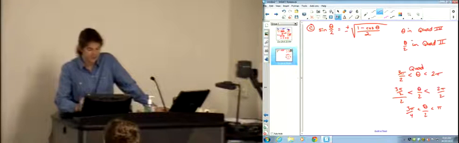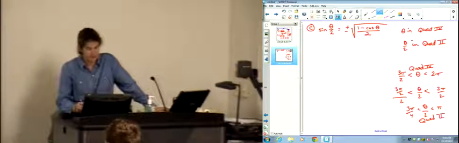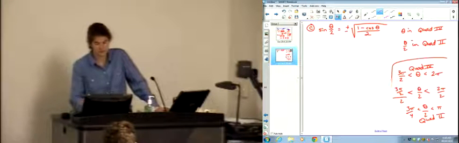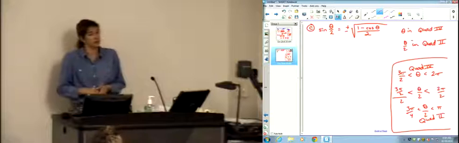Okay, so we started out with this angle here, theta, being in the 4th quadrant, but we end up with the half angle being in the 2nd quadrant. Just a little side note to kind of show how we can get there if we're not sure.